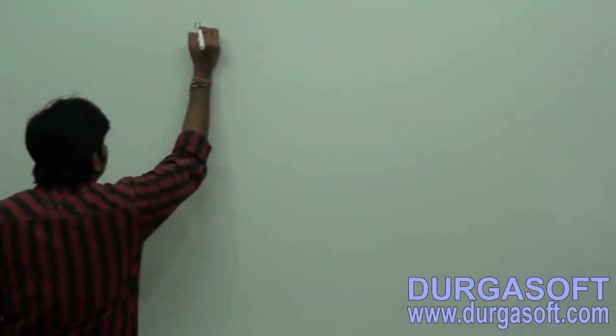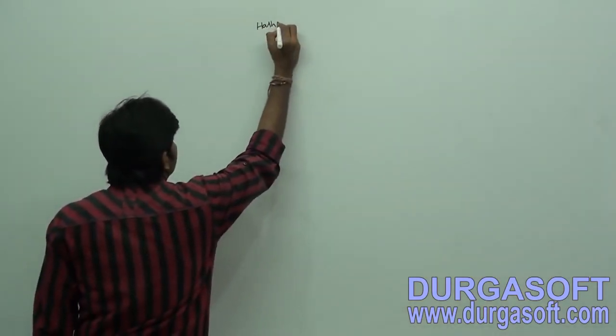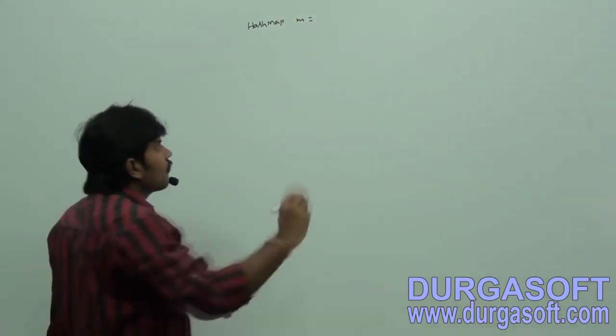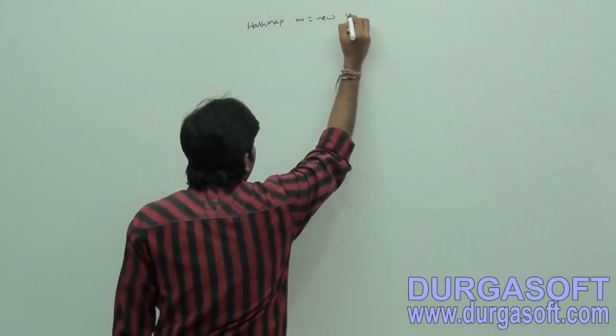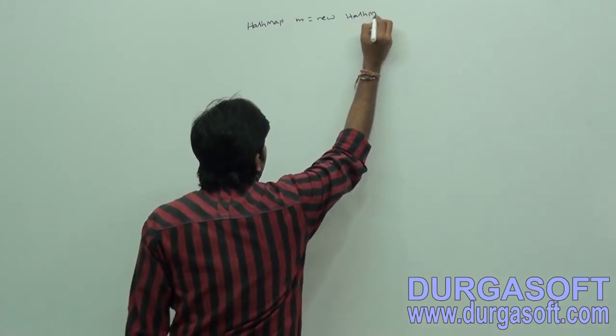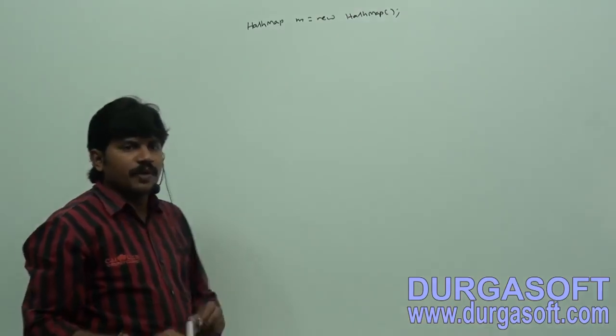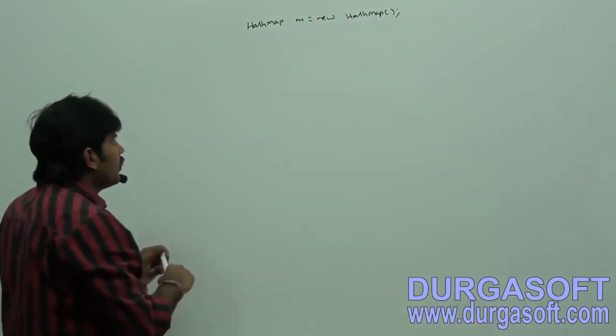What is the difference? Just observe this one. Sir, I am taking hash map. Listen to this a bit carefully. HashMap m is equal to new HashMap. It is a normal hash map object. Correct or not?